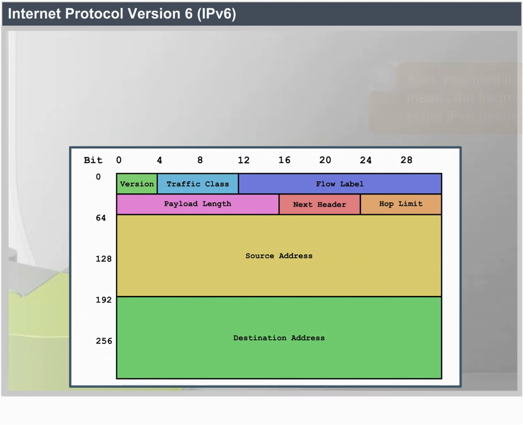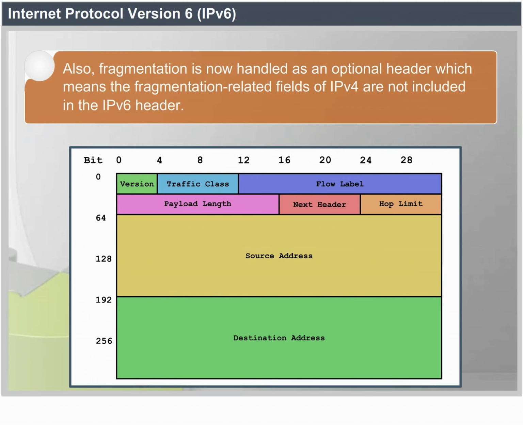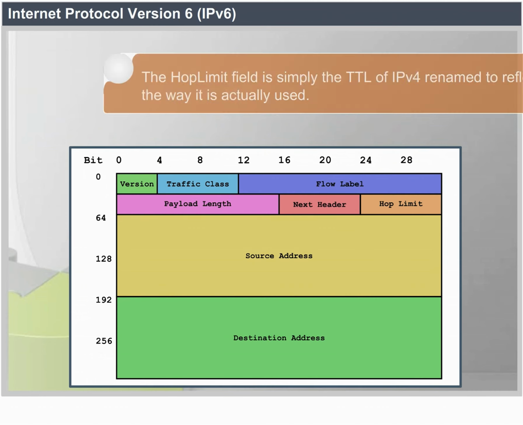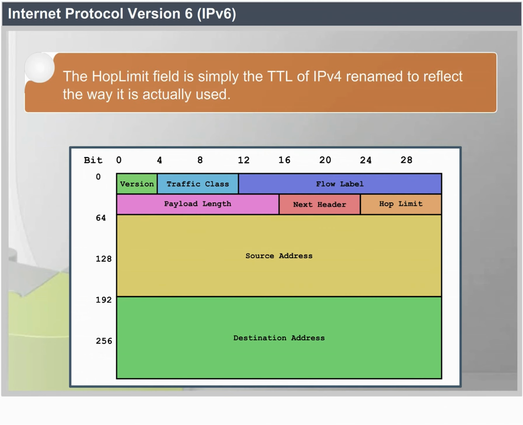Also, fragmentation is now handled as an optional header, which means that the fragmentation related fields of IPv4 are not included in the IPv6 header.